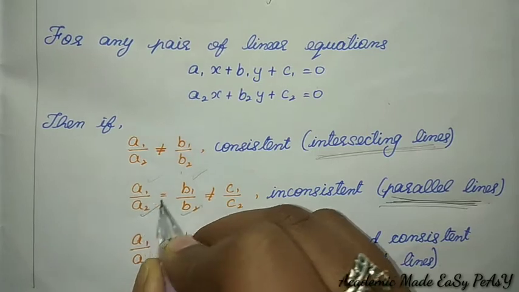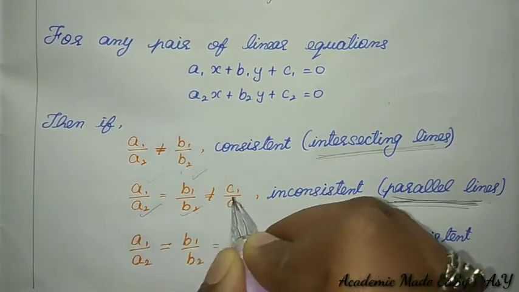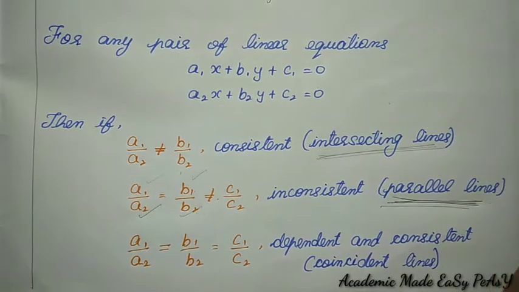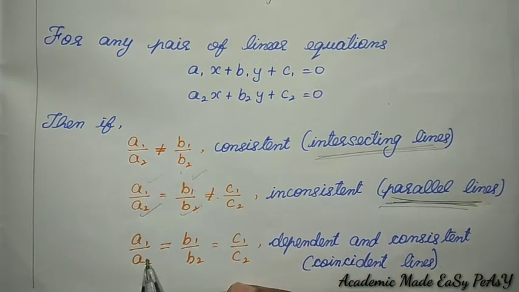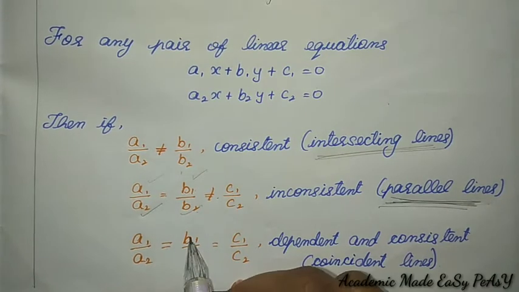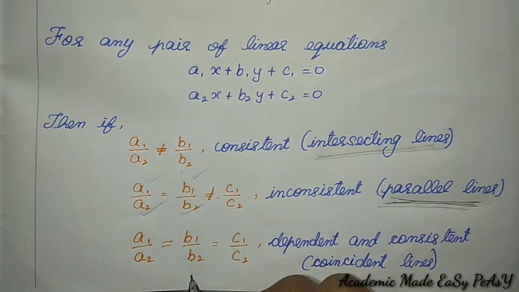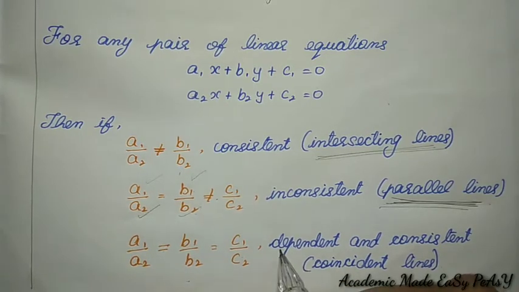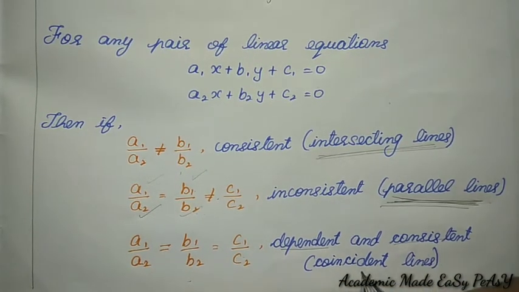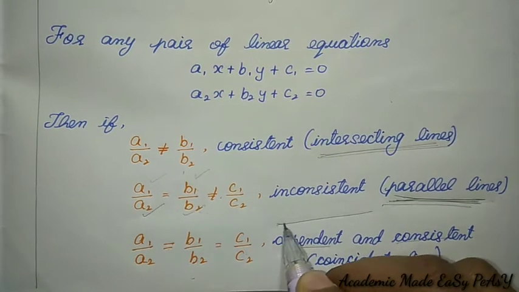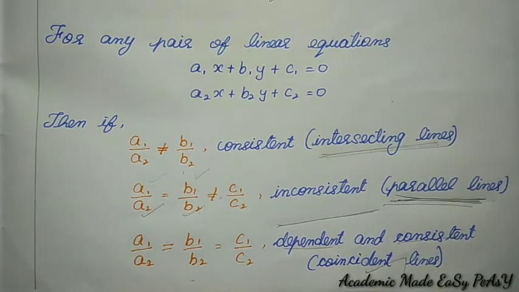Then it is inconsistent and the lines are parallel. Next, a1 by a2 equal to b1 by b2 equal to c1 by c2. If everything is equal, then we say that it is dependent and consistent and they both coincide each other. That is, the two lines will coincide each other.